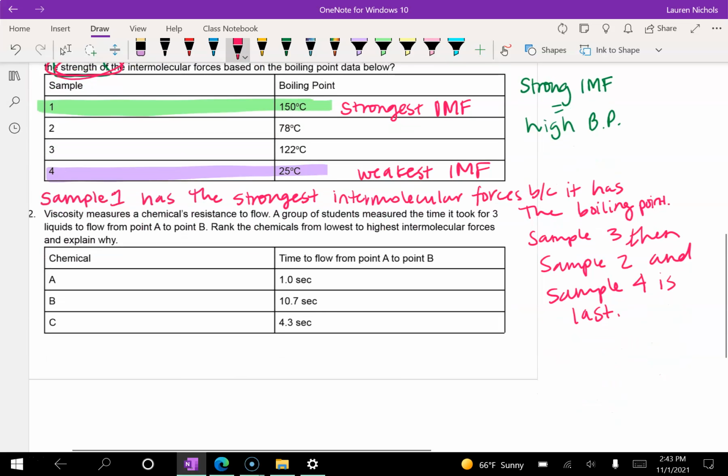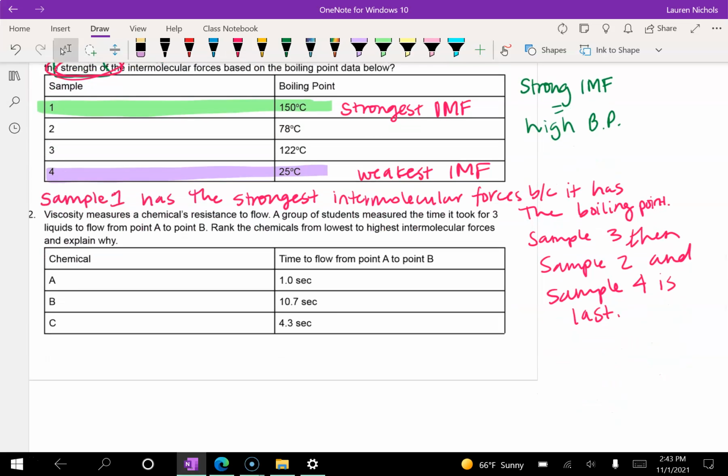Okay, and you can do the same thing for viscosity. So number 2 says viscosity measures the chemical's resistance to flow. A group of students measured the time it took for 3 liquids to flow from point A to point B. So they want us to rank the chemicals from lowest to highest and explain why.